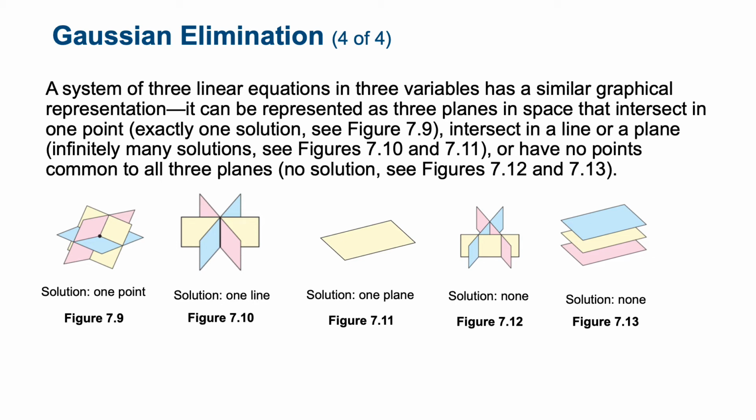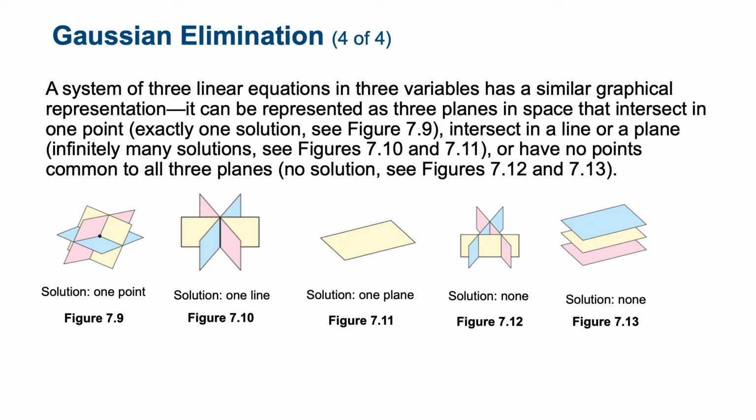In figure 7.9, you can see that the 3 planes are intersecting at exactly 1 point. They all meet, and that's the solution. In figure 7.10, the solution is an entire line because they all intersect at this line. 7.11 would be when they're all the same equation, so the solution would just be one plane.